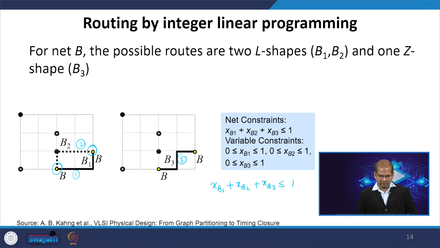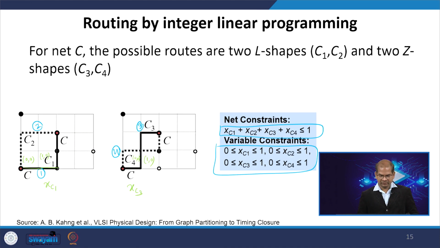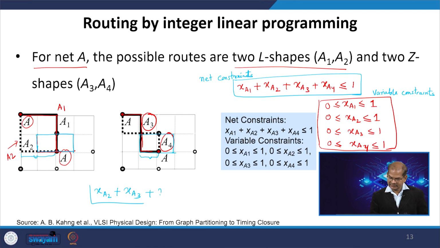If I go to B2, there is nothing there, but if I go to the C net, which net is going in this grid in the horizontal direction? From here only this xC4 net will come, because I am concentrating on this area.